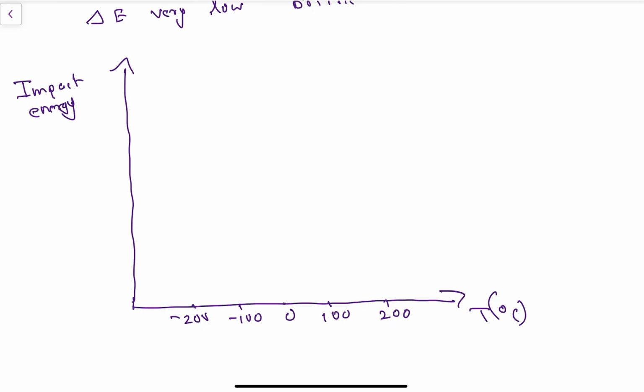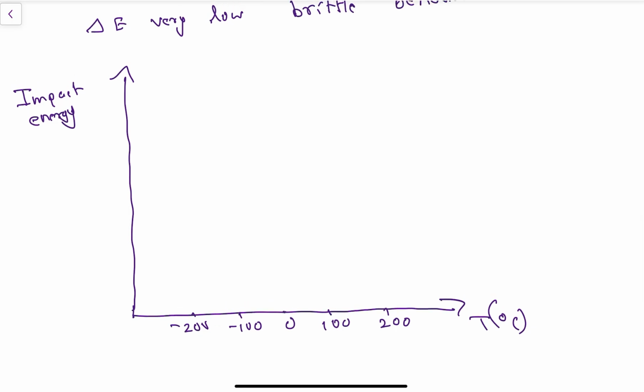What I observed was that for a material with 0.01 weight percentage carbon, it is ductile. Here the impact energy is very high.